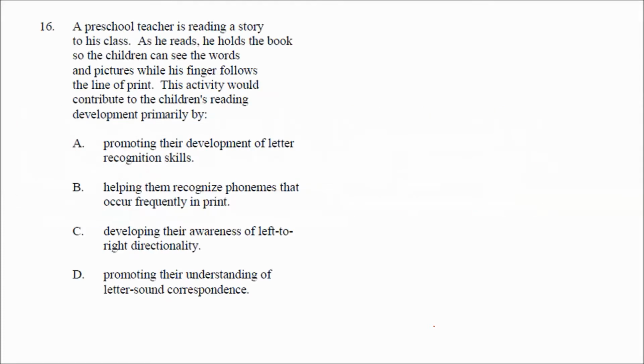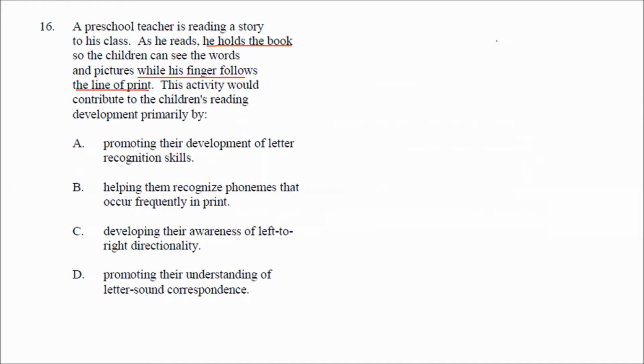Let's do one more. A preschool teacher is reading a story to the class. So already picture it. You have a teacher in front in a chair. You have all the little kids sitting down on the rug because it's story time. As she reads, she holds the book so the children can see the words and pictures while her finger follows the line of print. This activity will contribute to a child's reading development primarily by.